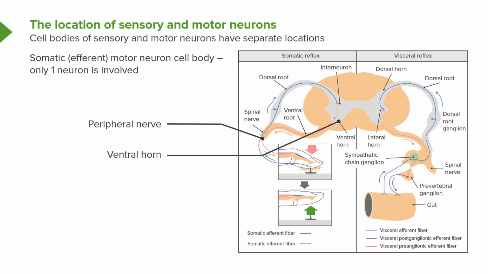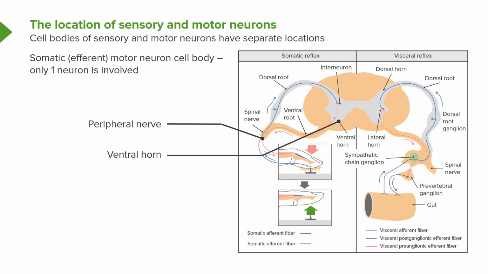And now, have a look at the ventral horn. A branch passes from the spinal cord. It's called the ventral root. And if you look up top at the dorsal horn, you can see that there's also a dorsal root. And these combine together to form the peripheral nerve. Now, the ventral horn, if you look very carefully, houses the cell body of the motor neuron, the somatic motor neuron.